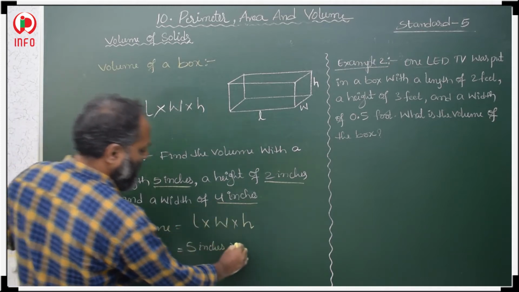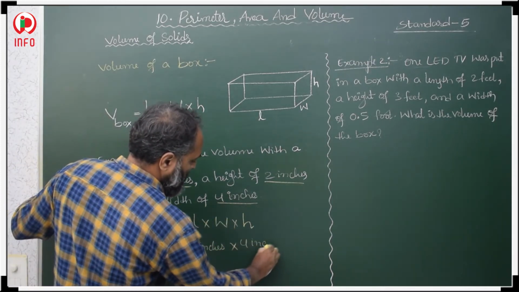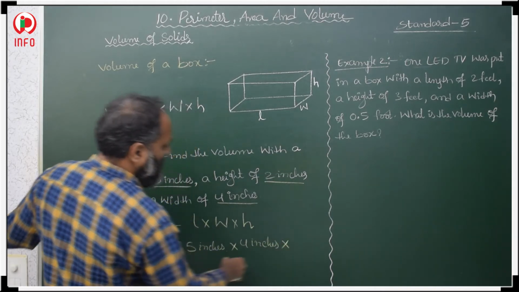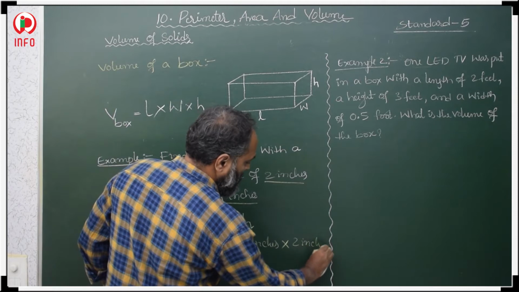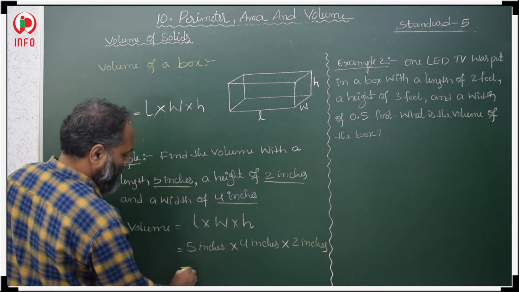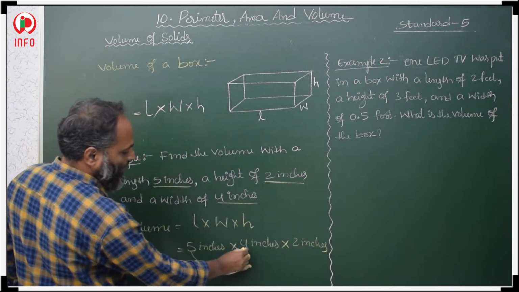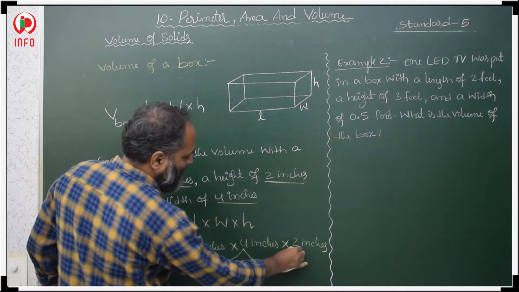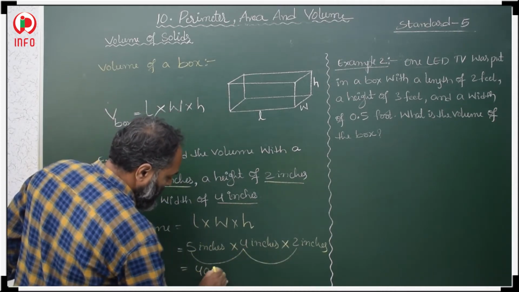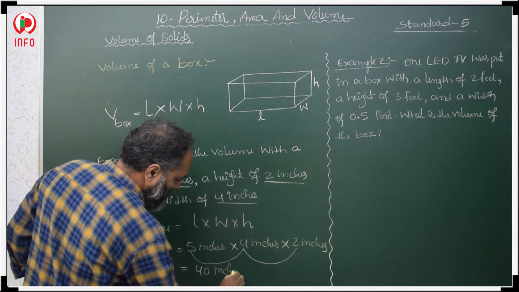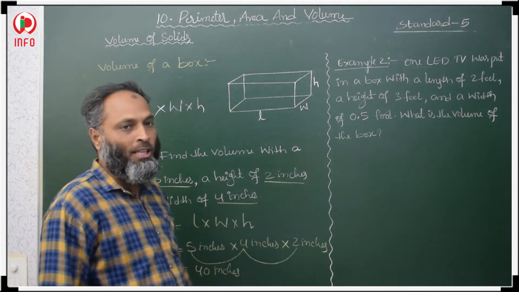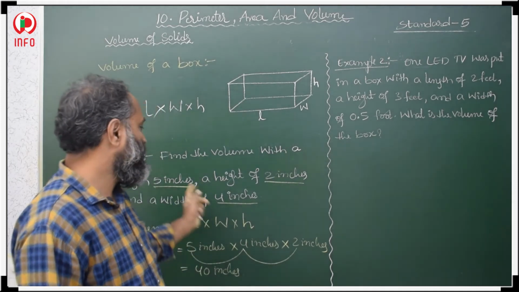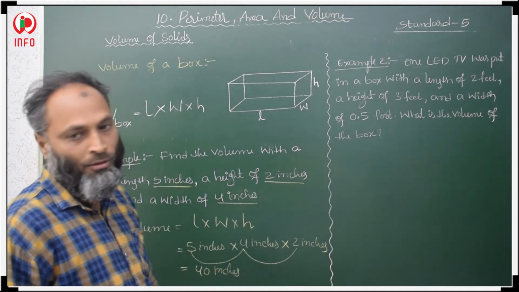The width is 4 inches. And what is the height here? 2 inches. Now multiply. 4 5s are 20, 2 20s are 40. Total 40 inches cube. This is the volume of the box when length, width, height are respectively 5, 4 and 2.